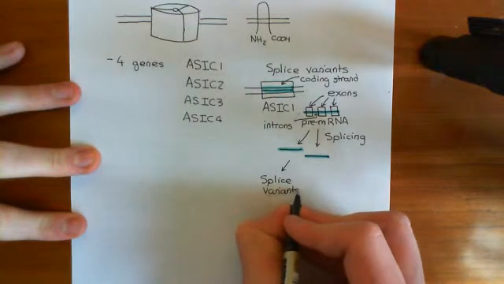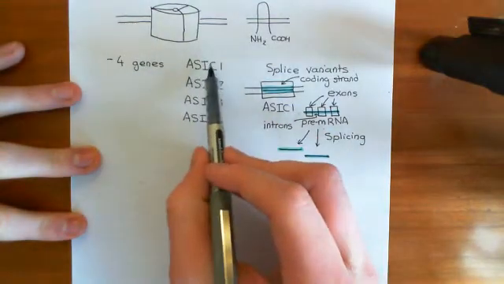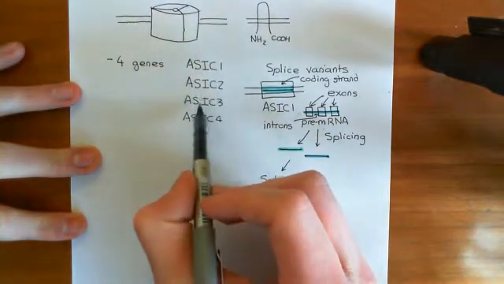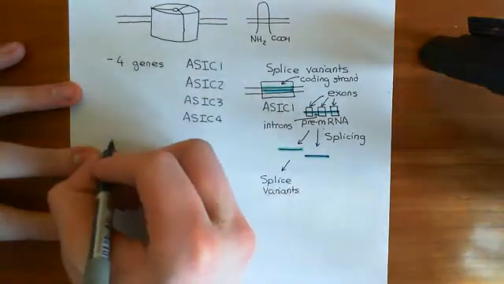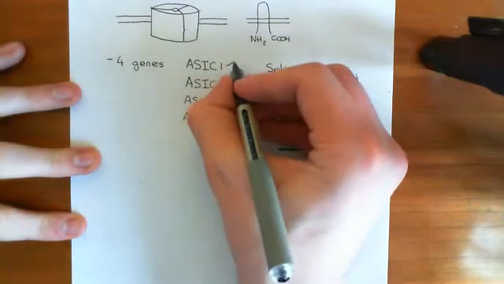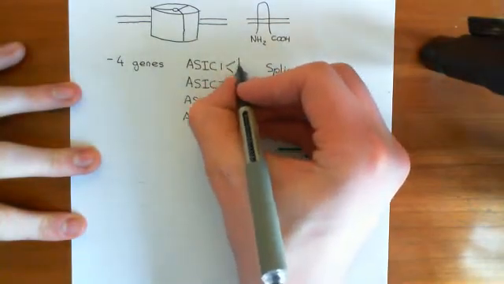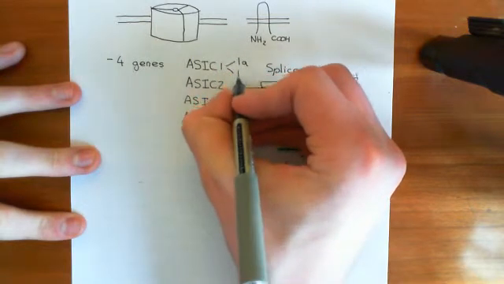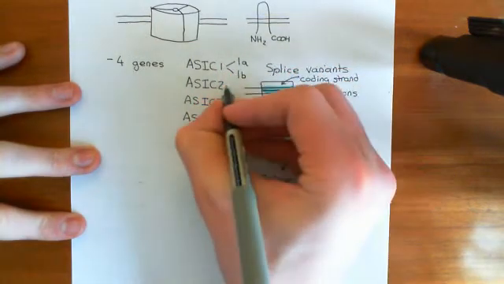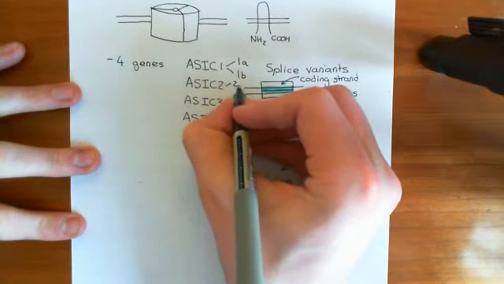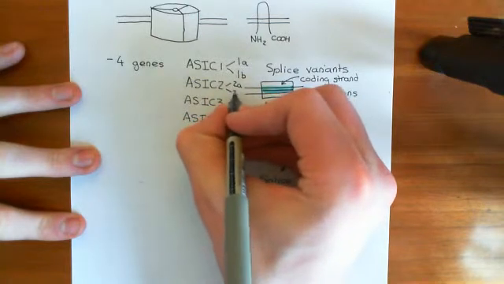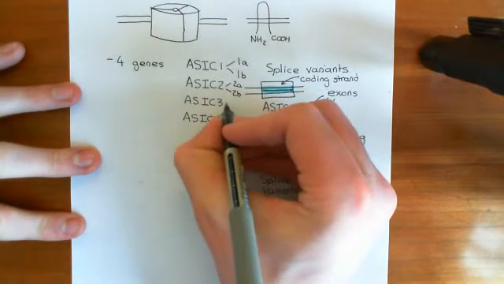Okay, so this is what can happen for the genes that code for ASIC subunits. If we look at ASIC1, it has two separate splice variants known as ASIC1A and ASIC1B. ASIC2 has two splice variants as well, known as ASIC2A and ASIC2B.